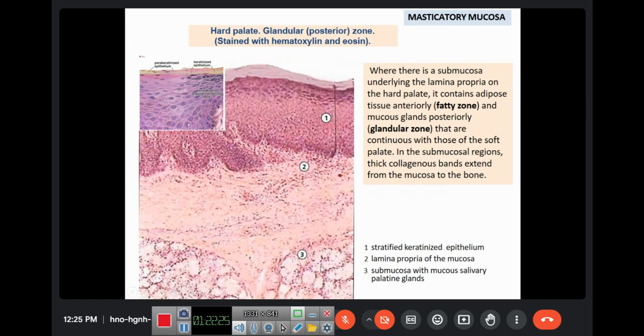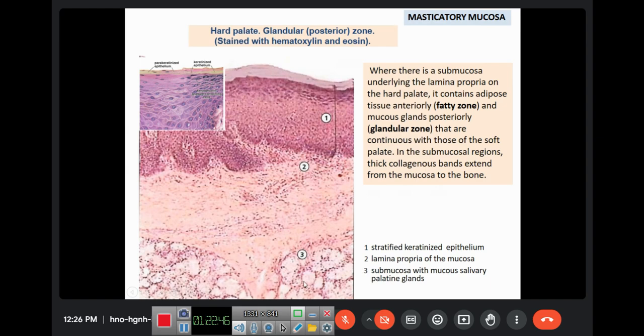So here in this picture we can see the glandular posterior zone. It has mucosa, which contains the epithelium, which is the stratified keratinized epithelium with stratum corneum seen here, and lamina propria mucosa.